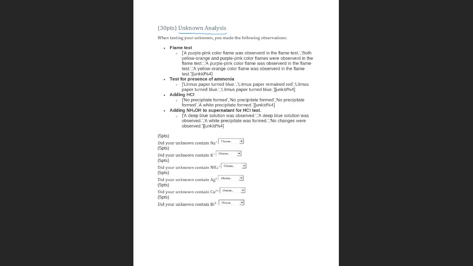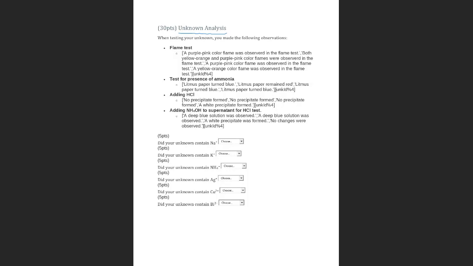These actually are all the possibilities, right? I don't want to confuse you, but if you see a white precipitate when you add hydrochloric acid, what do you have? Silver, right? Exactly.